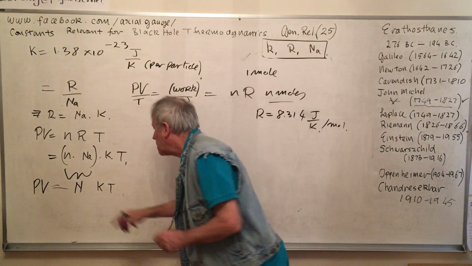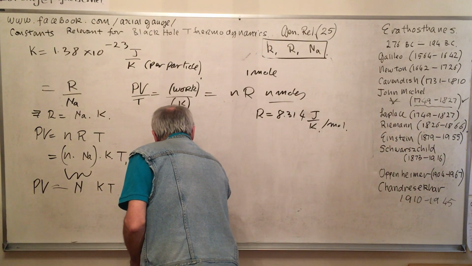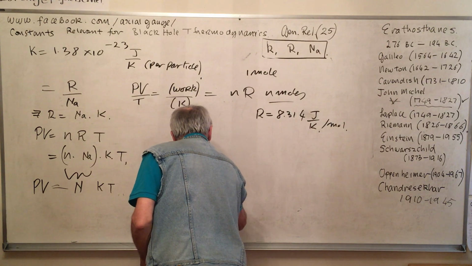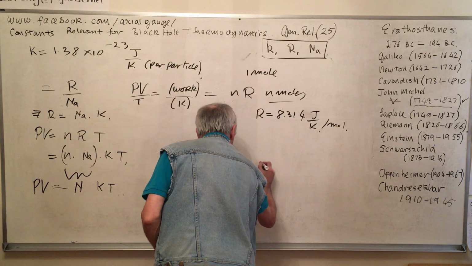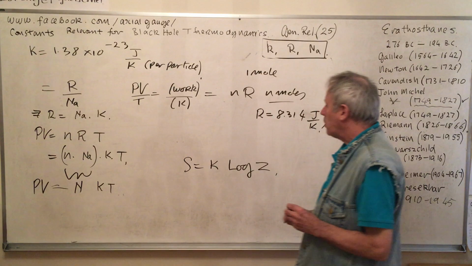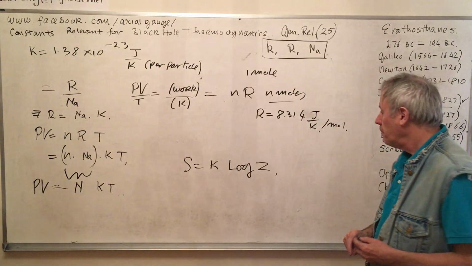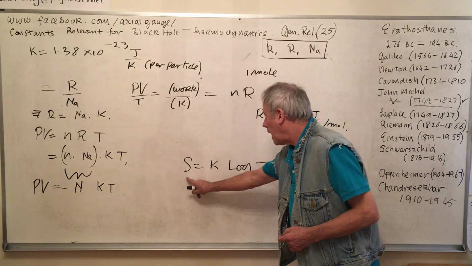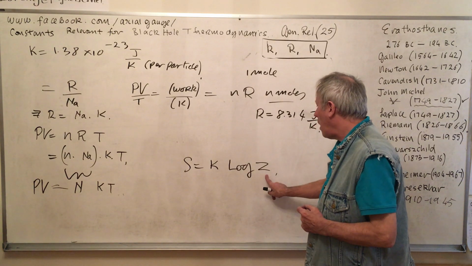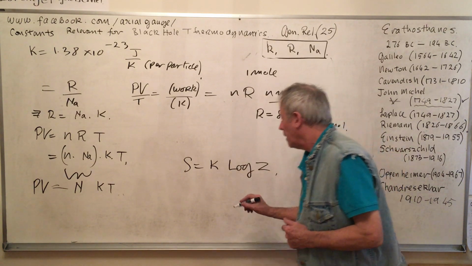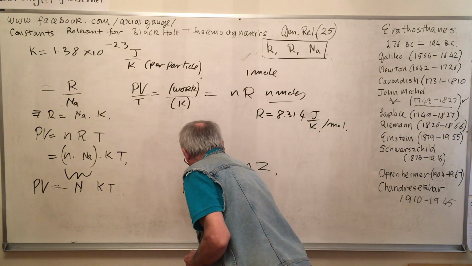That's where K crops up, and K also crops up in this one. If I count the number of microstates in a gas, whatever that means, the entropy of the gas is proportional to the log of it. K, I use a thing called W, by the way.